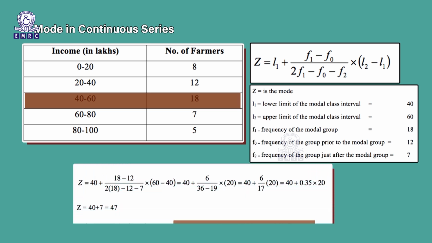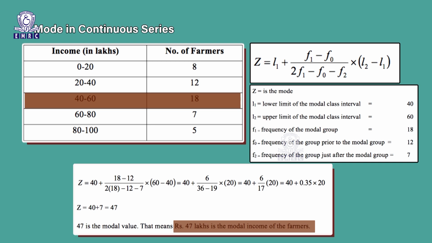Z is equal to 40 plus (18 minus 12) divided by (2 into 18 minus 12 minus 7) into (60 minus 40), which is equal to 40 plus 6 divided by (36 minus 19) into 20, which is equal to 40 plus 6 by 17 into 20, which is equal to 40 plus 0.35 into 20.